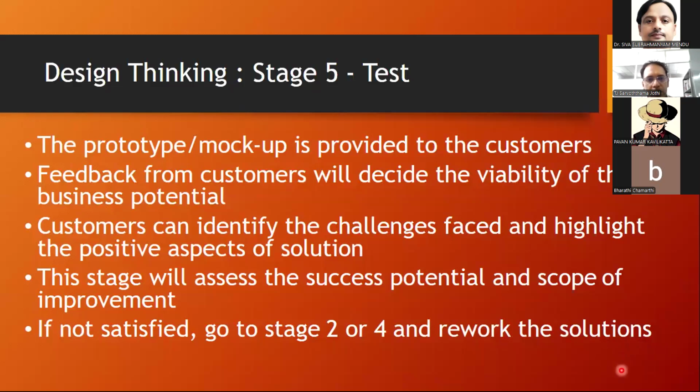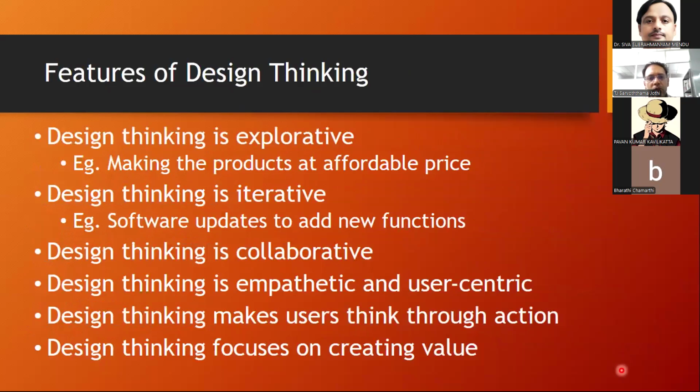So these are the five stages of design thinking. What I would like to conclude is that design thinking is an explorative process. At any point you can come back or move forward and explore different ideas or different thoughts.